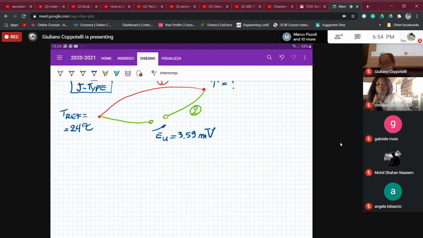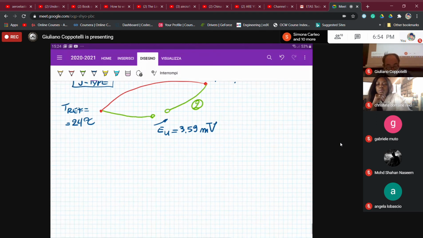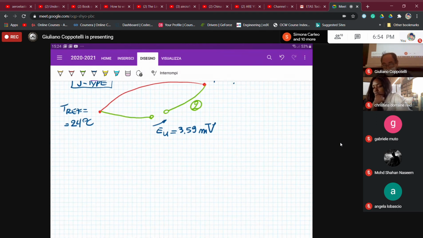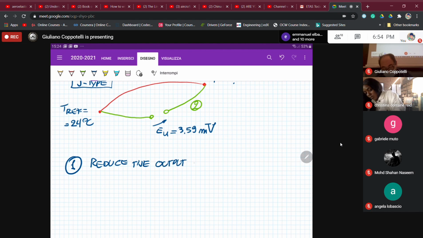Just to show you how we can do the measurement, the first step is to reduce the output potential to the 0 degrees Celsius standard potential.